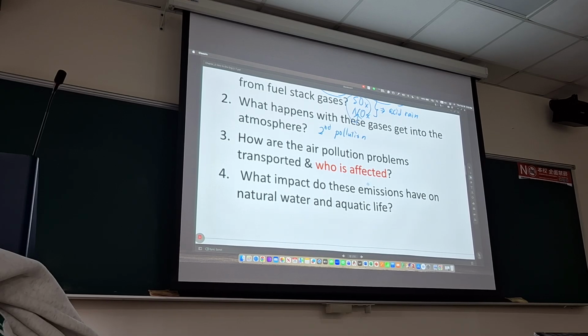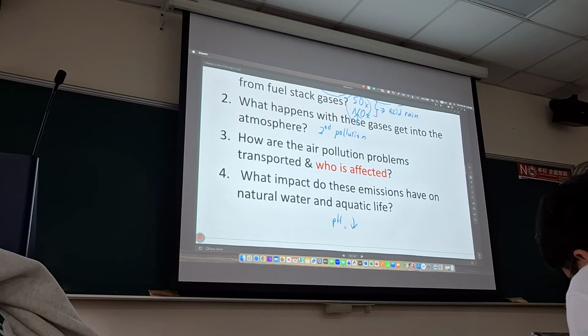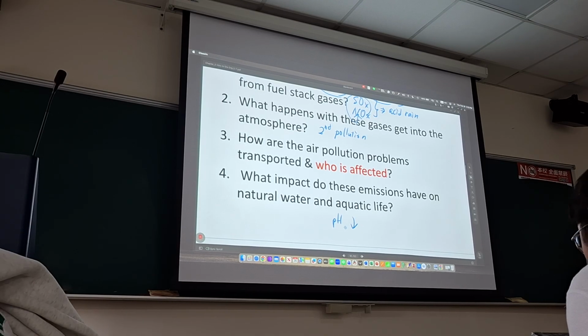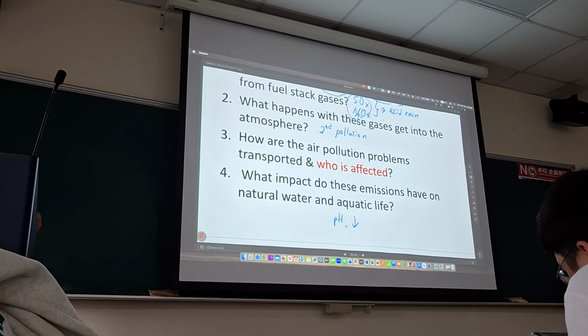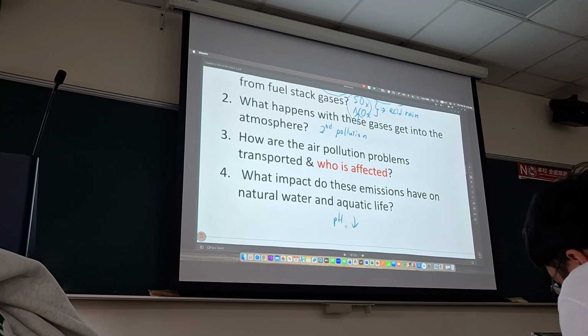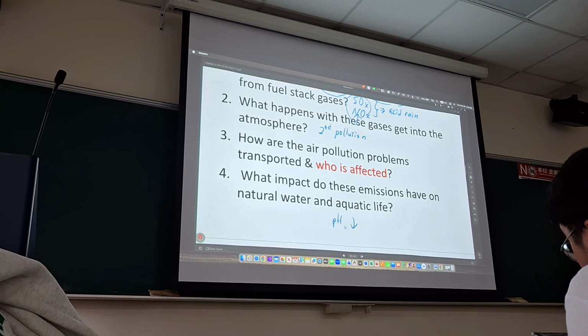This is going to cause acid rain, so the pH value will be lower. We call this acidification. So this is probably not suitable for some aquatic life.